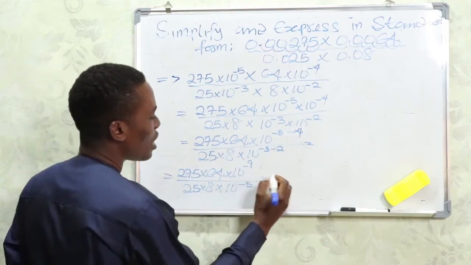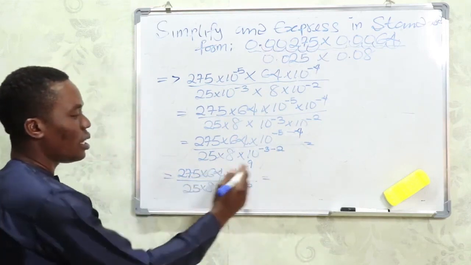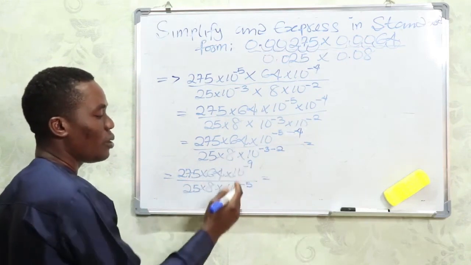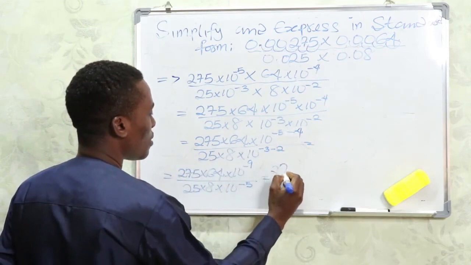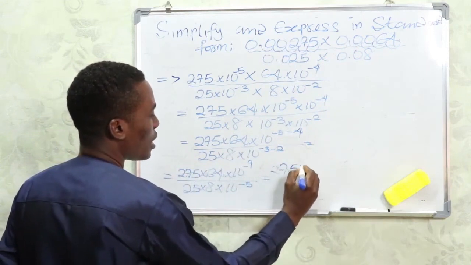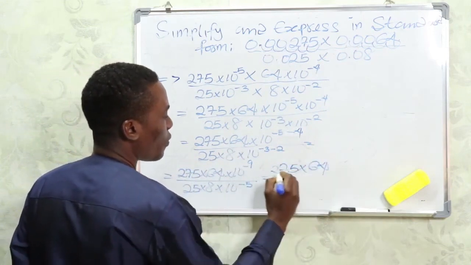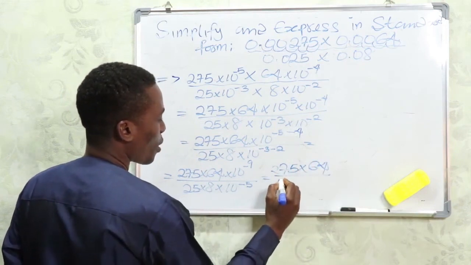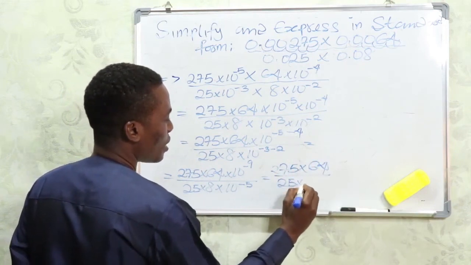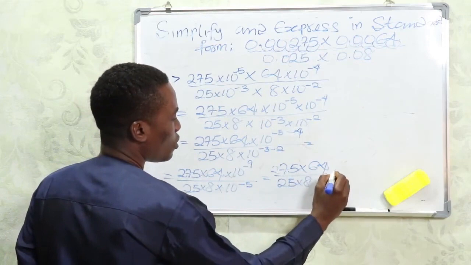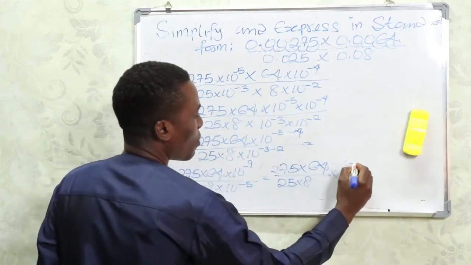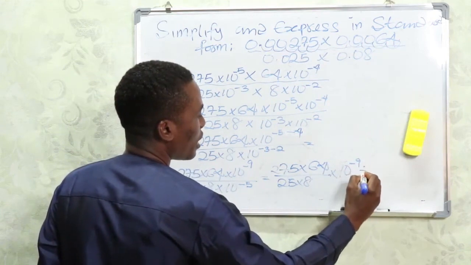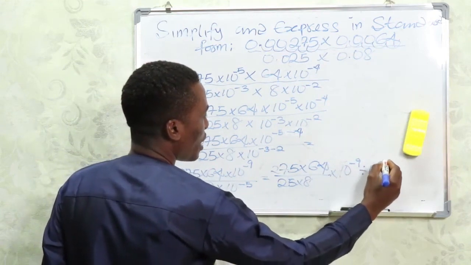So this will now give us, let's separate the values in base 10 from the main values. That will now give us 275 times 64 divided by 25 times 8. Now this will be multiplied by 10 raised to power minus 9 divided by 10 raised to power minus 5.